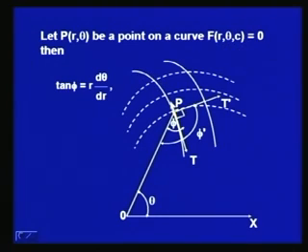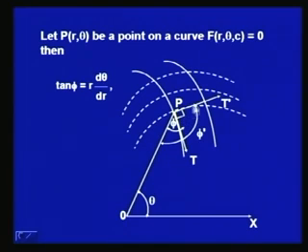We can see that the radius vector OP makes angle phi with the tangent PT to the curve f r theta c equal to 0, and these curves shown by dotted lines are the family of orthogonal trajectories. So, you can see that at the point of intersection P, the angle between the tangents to the curve f r theta c equal to 0 and the orthogonal curve is pi by 2.